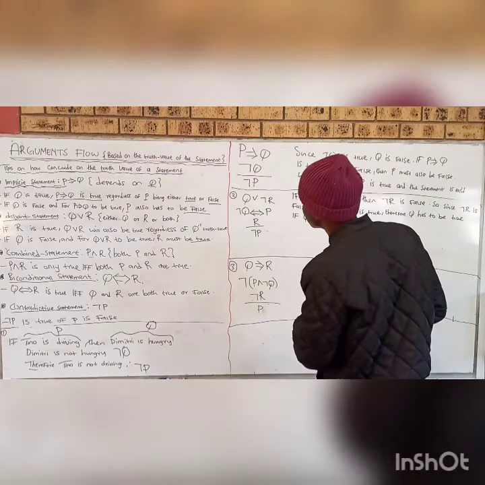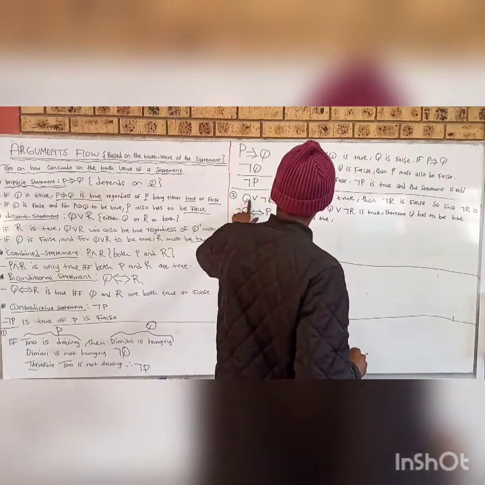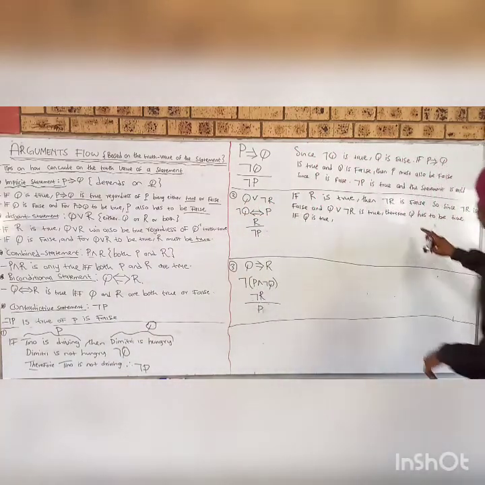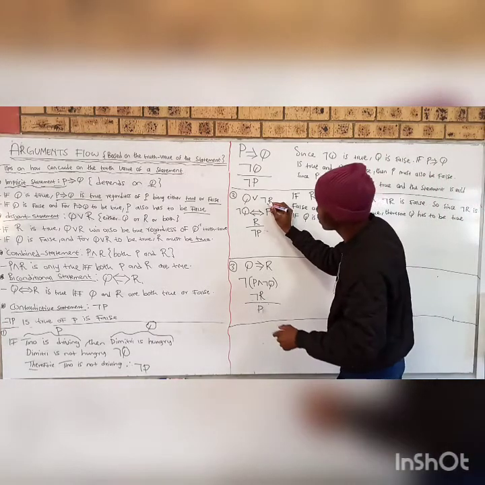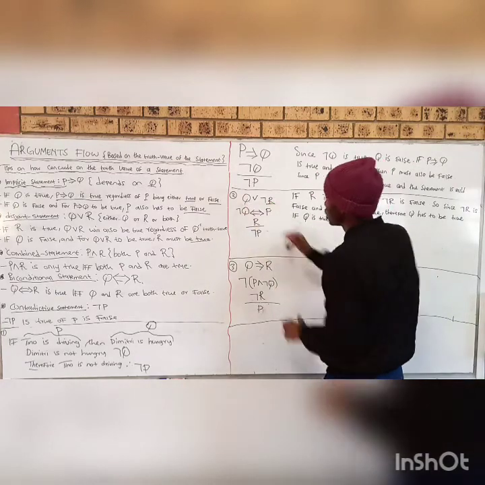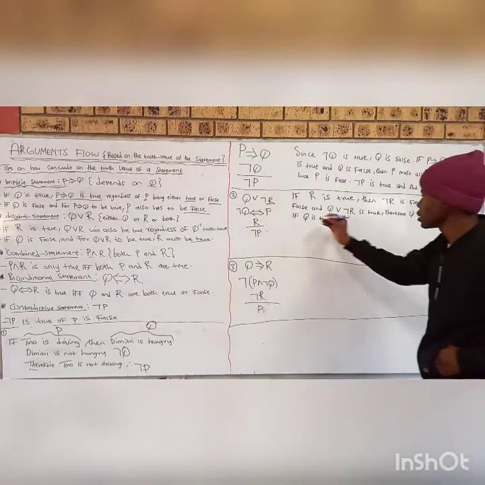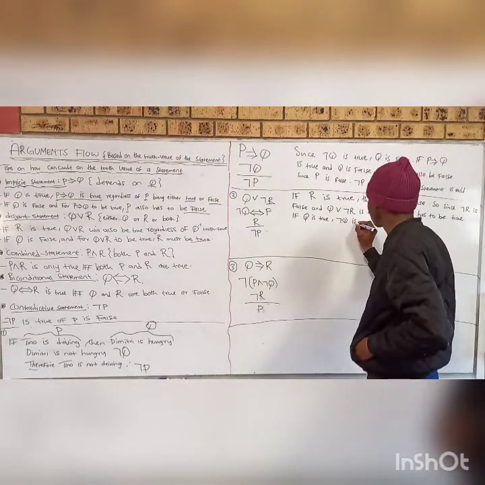in this case, where we are talking that Q union not R is true, therefore Q has to be true, because already we showed that not R is false, and for this to be true, then Q has to be true. So proceeding further, if Q is true, then not Q is false.